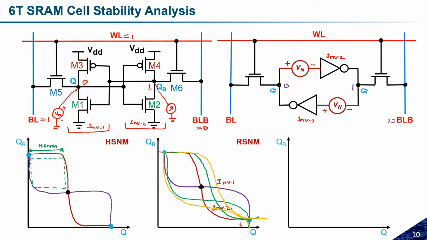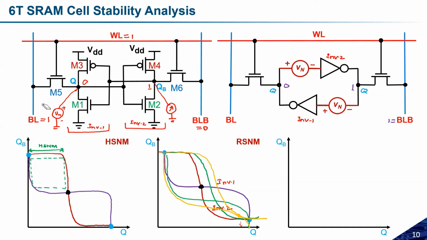So this noise voltage must be increased from logic 0 to 1, so I have to increase this Vn from 0 to 1 so that this Q will be changed. The opposite thing cannot be done.